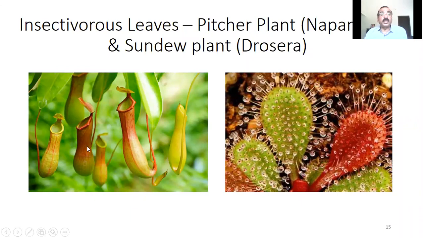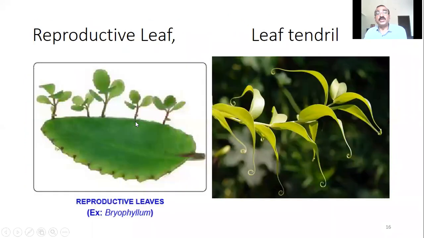When the insect comes it gets trapped, and there is also a lid. So when the insect comes, this lid closes, and inside this pitcher the insects are digested and the nutrition is absorbed. Here, what looks like the leaf is actually the petiole. The petiole becomes leaf-like, but the actual leaf blade is modified into a pitcher, a cup-like structure. Okay, so this is called a pitcher plant.